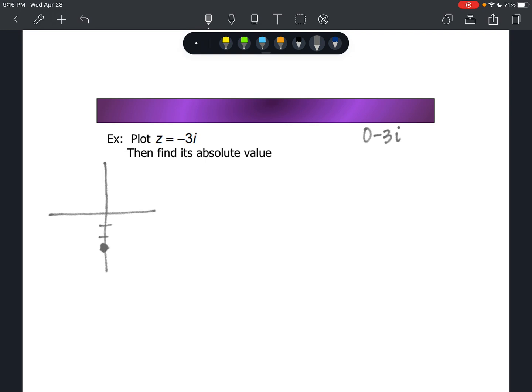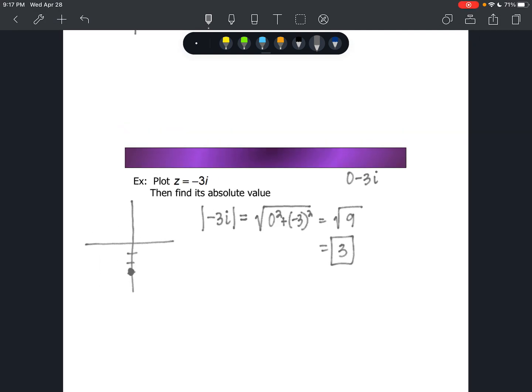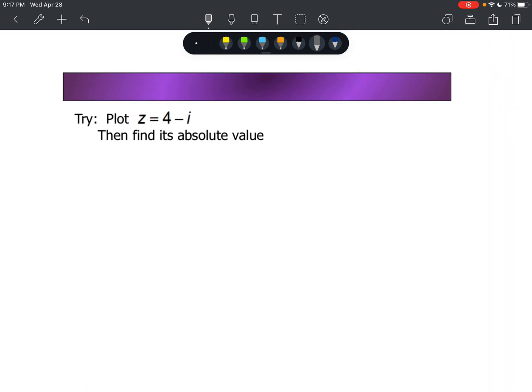So we can tell right away when our complex number lands on an axis, the distance from the origin is extremely obvious that it's 3 units. You can still go through and say 0 squared plus negative 3 squared, which would give you the square root of 9, which is 3. Now, the absolute value obviously is going to always be positive because it's distance. Distance is always positive.